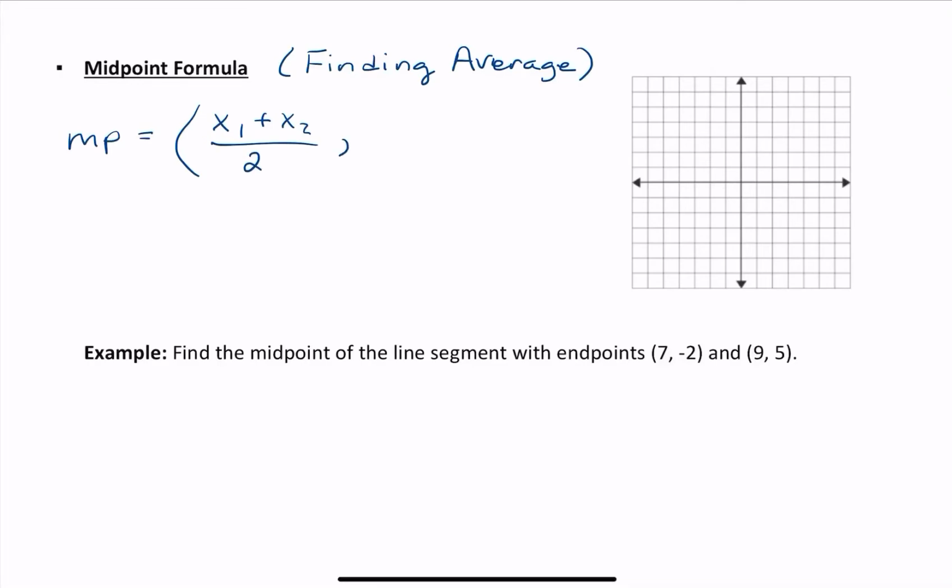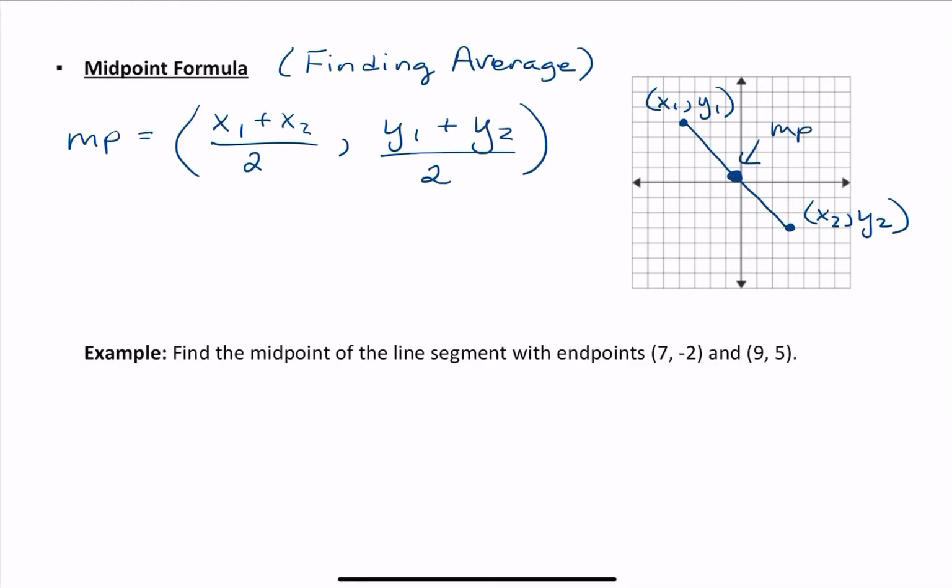And then my y coordinate will be the average of the y coordinates, which means I add the y coordinates and divide by 2. So any points on that graph, if I call this x1, y1, and x2, y2, the average of those will give me the center or the midpoint of those 2 coordinates.